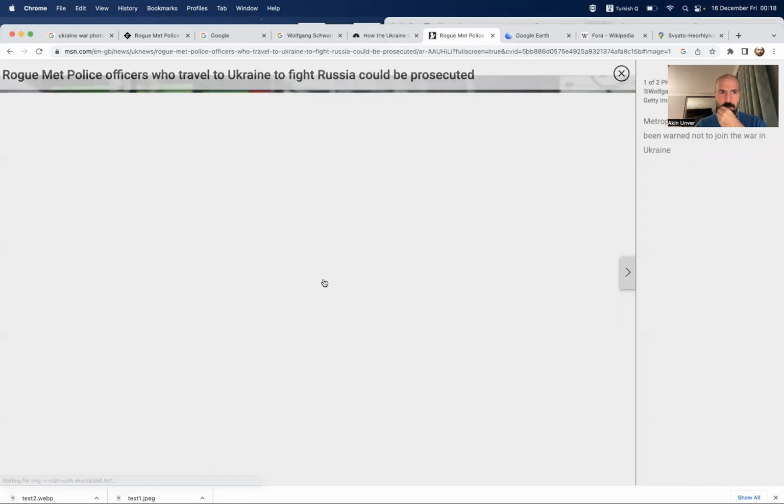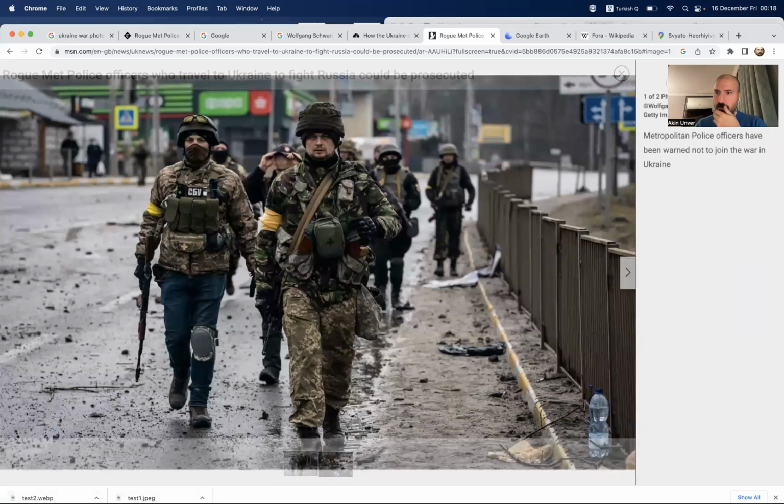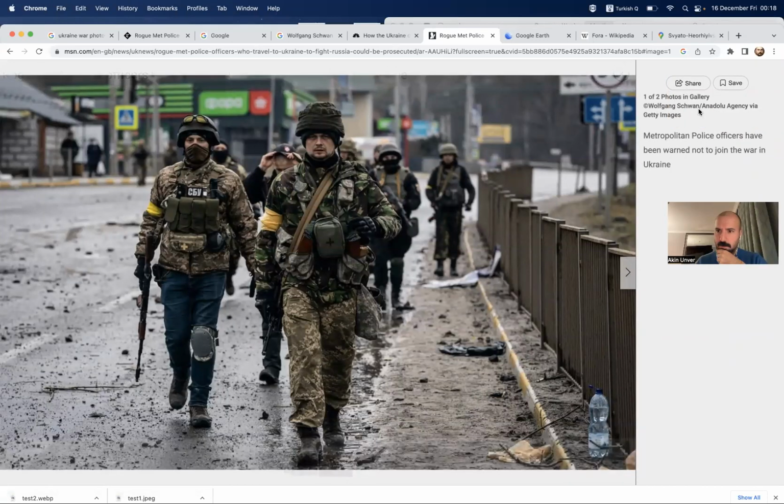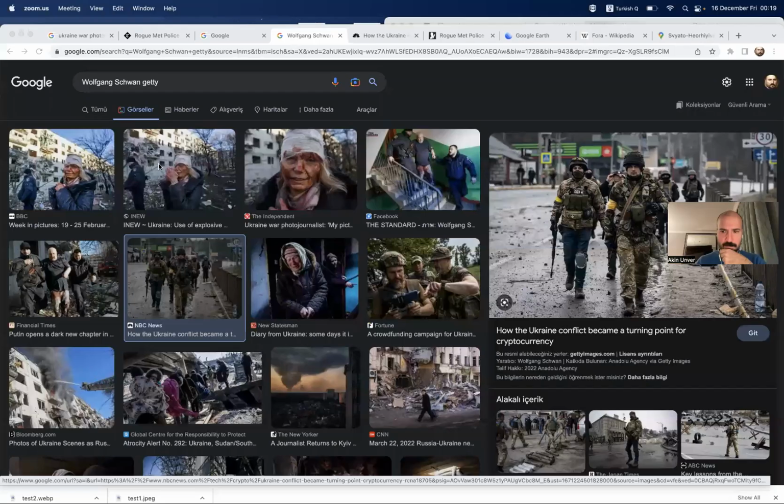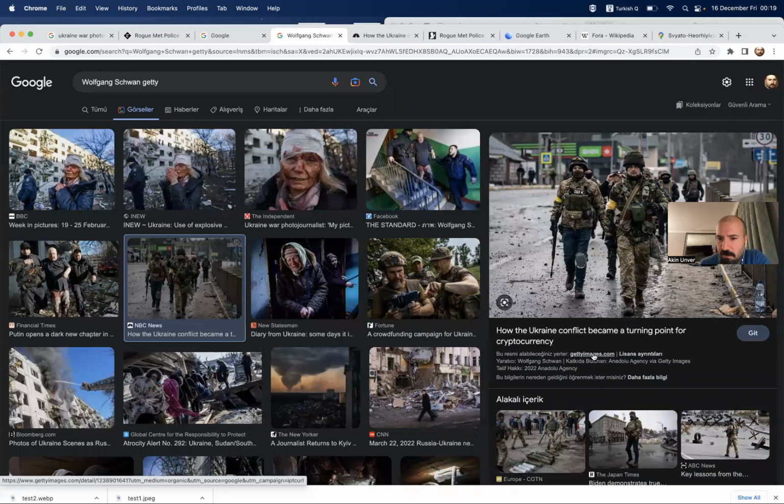So I'm clicking on this. Yes. So the interesting thing here is when you look at our image, this part from Google actually shows where you can find the actual image.